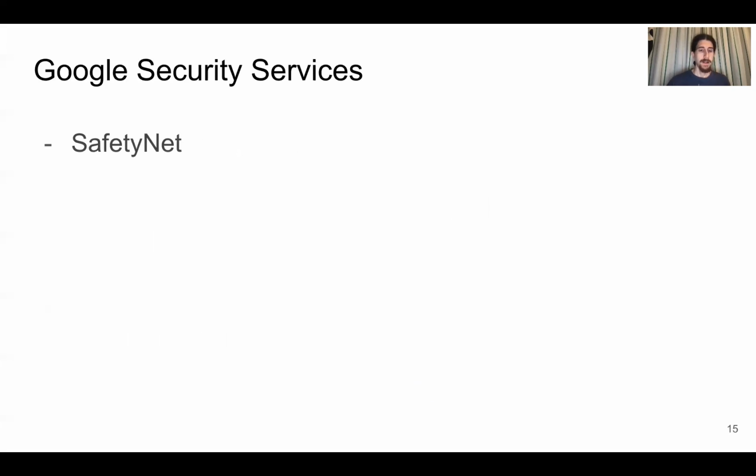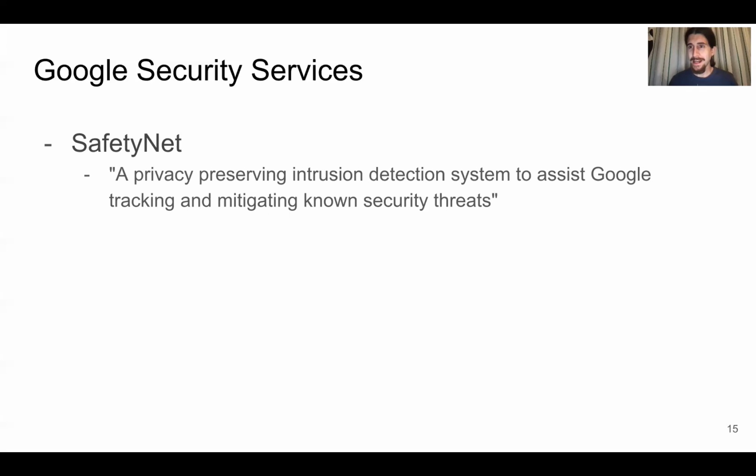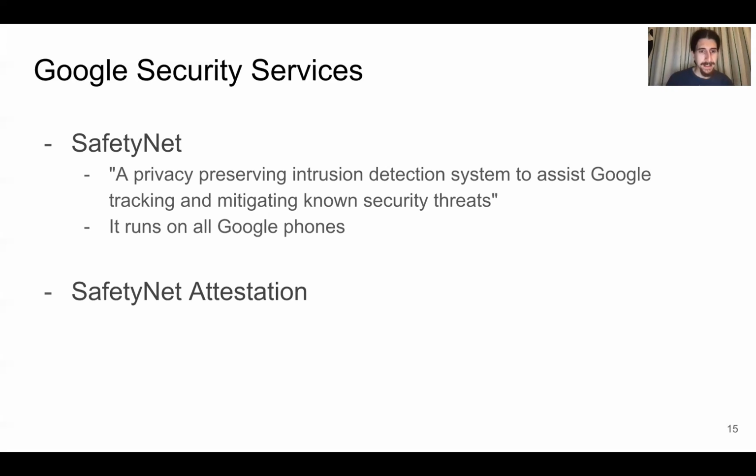Cool. All right, another service is SafetyNet. I think I copied this from their own website. It is a privacy-preserving intrusion detection system to assist Google tracking and mitigating known security threats. SafetyNet is basically something that runs on your device and checks that everything is fine. It runs on all Google phones, and you can query this service running on your phone to check that everything is fine.